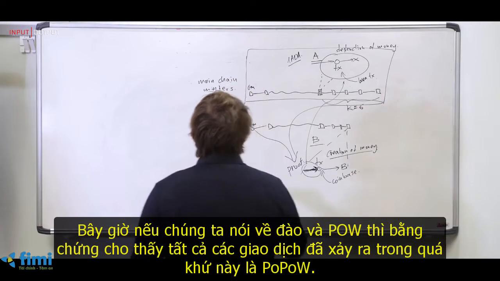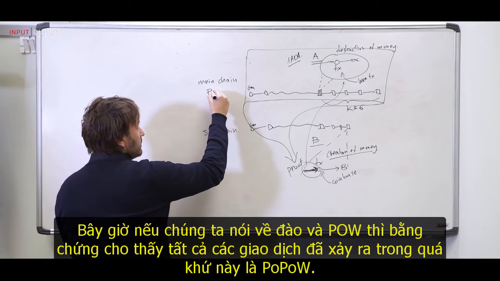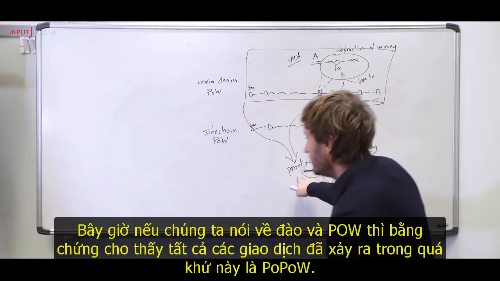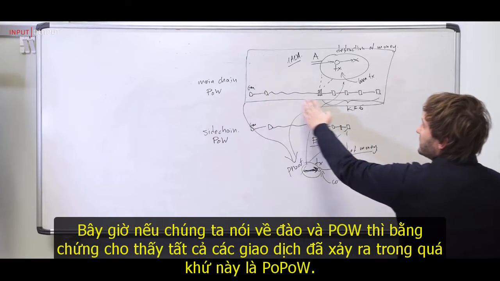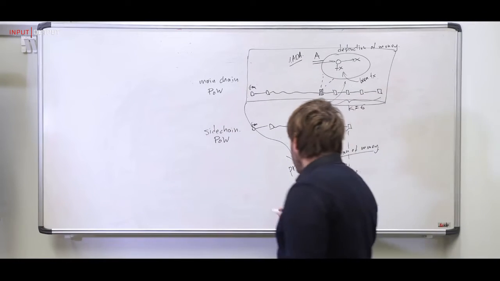Now, if we're talking about mining and proof of work, then this proof that illustrates that all of this history has happened is called a proof of proof of work.